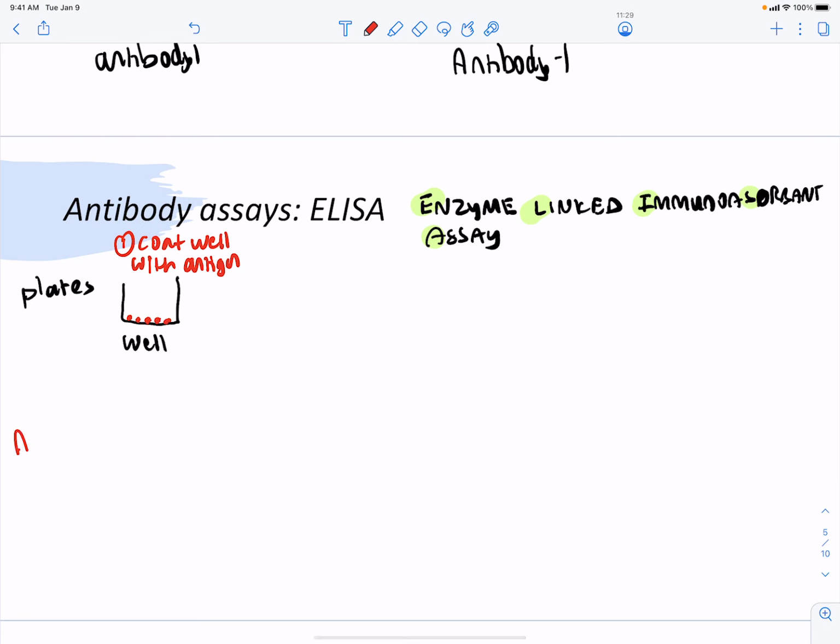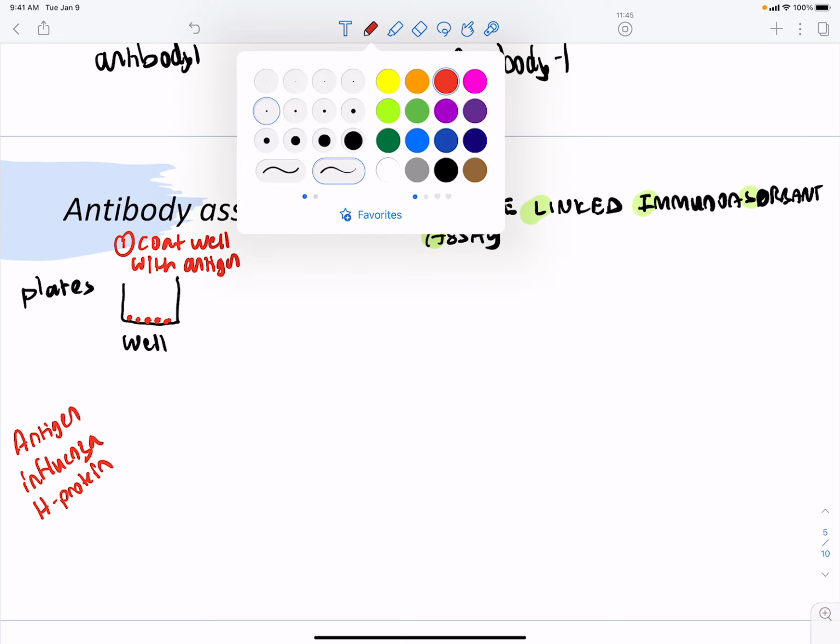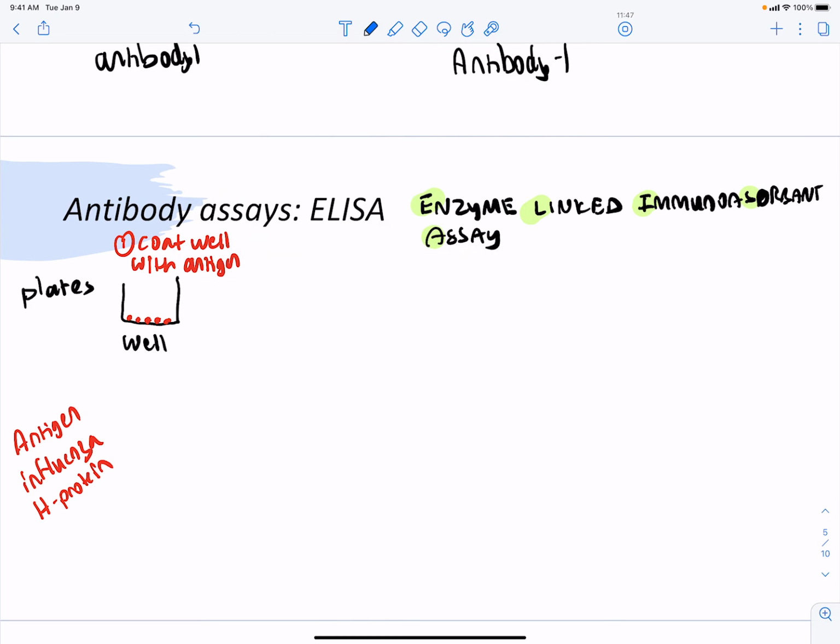And this antigen, for example, might be influenza H protein, hemagglutinin. And so you coat the well with the antigen. And then the next step is that you're going to add your antibody.